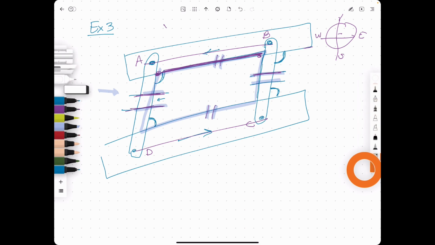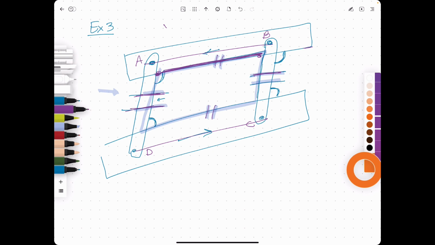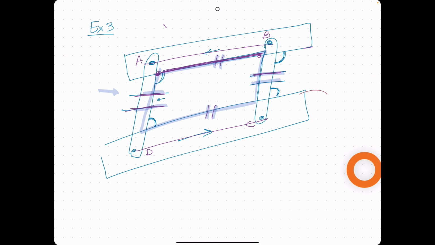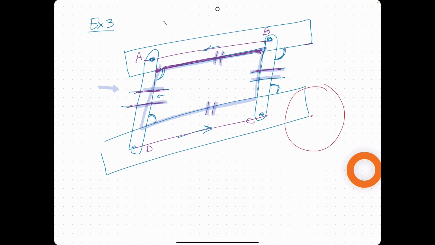Let me get rid of this thing. Okay, so let's say then that my compass is down here, and here's the center of it, and there's your cross, north, south, east, west. Why does this part here tell you what direction you're heading?